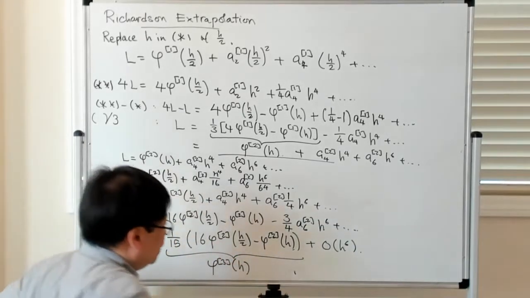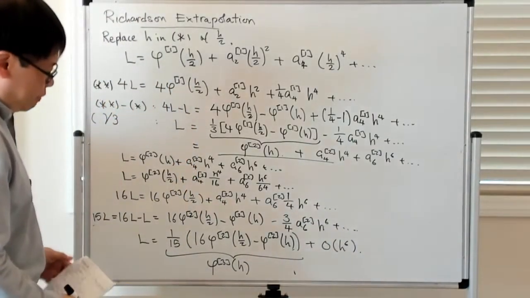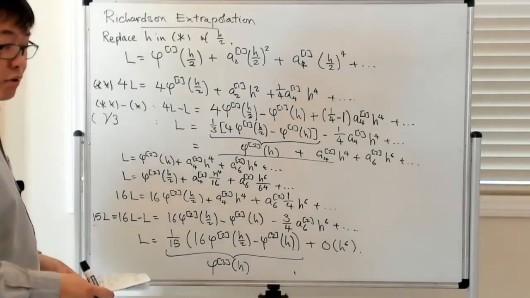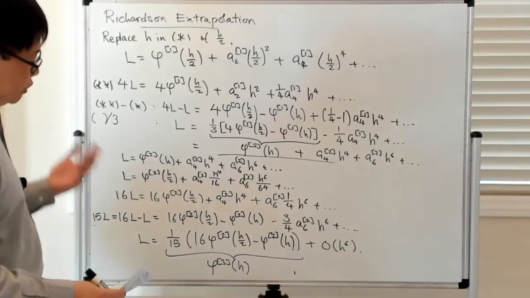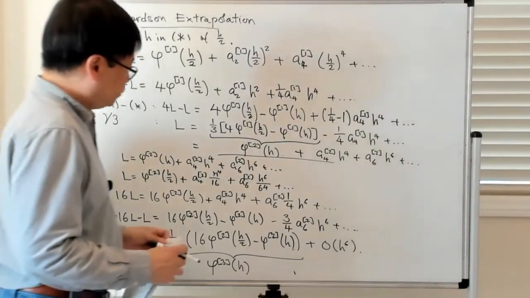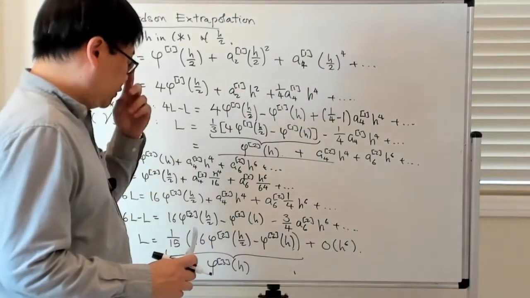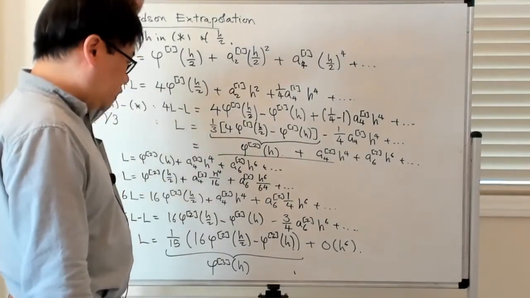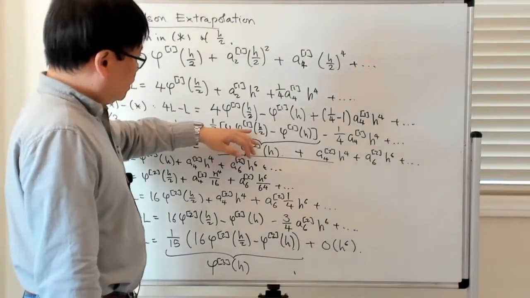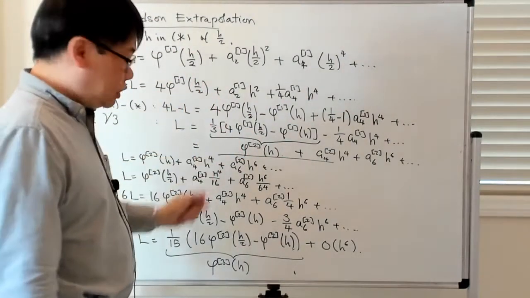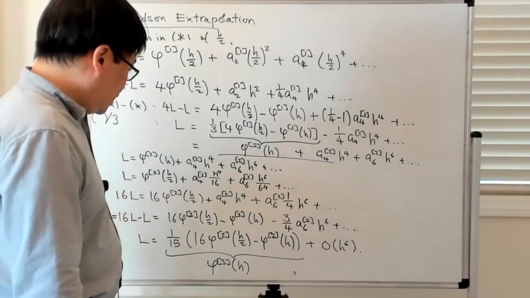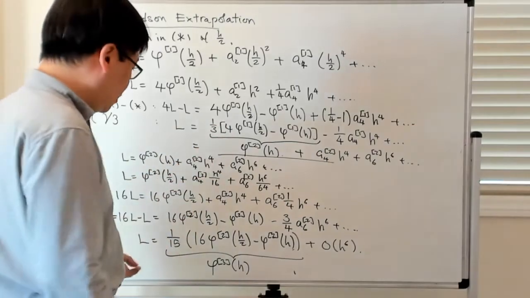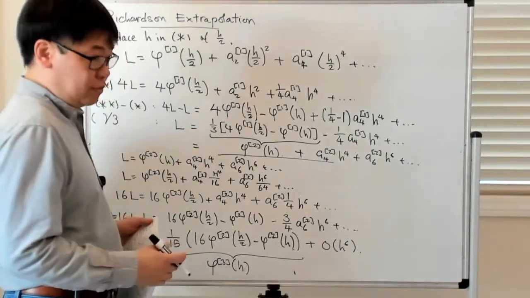So hopefully you start seeing the pattern. You can keep doing this repeatedly to get higher and higher order. And I should remark that if you're doing the function evaluations, you'll see that each time you have to take smaller and smaller steps of the original method.